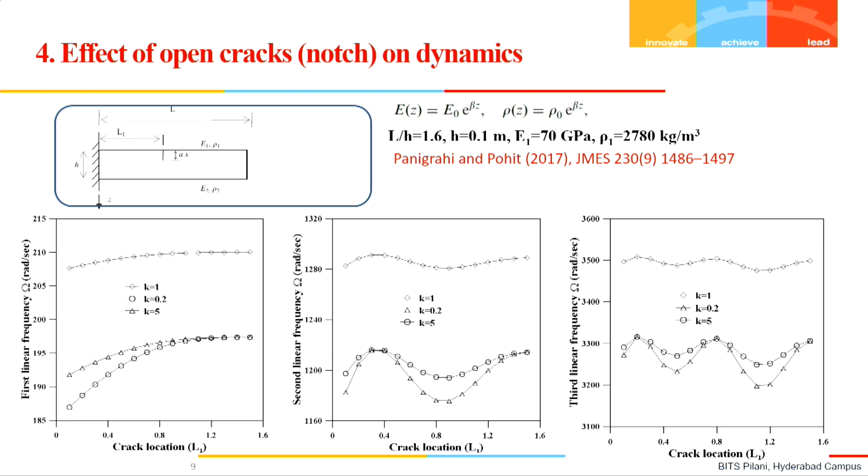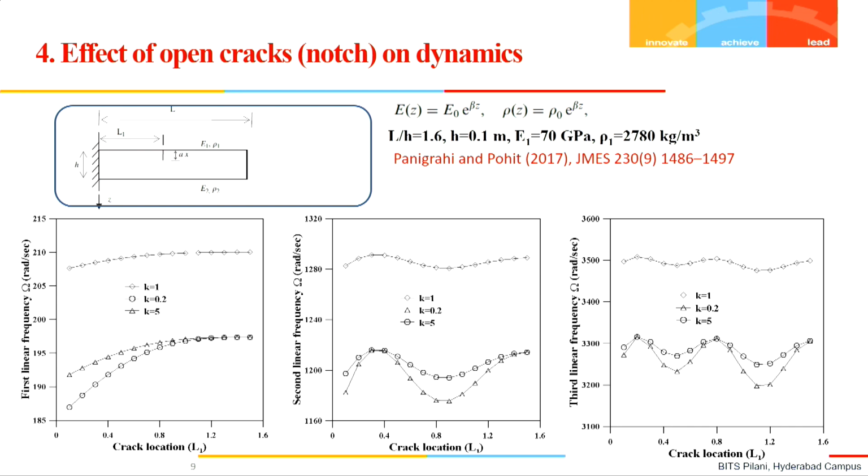If we talk about the second mode also, we can see there is a bit of variation here, because we have one vibrating node in the second mode of vibration. If the crack is situated at any node of the vibrating mode, then there will be no influence of the crack, obviously, because there is no displacement at all, so there is no discontinuity.